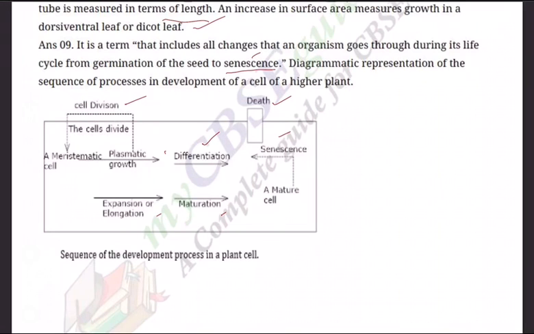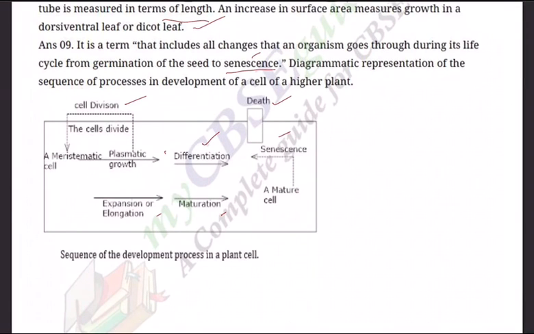And once they undergo differentiation, they are no more similar appearing. Size will change, shape will change, cytoplasm content will change, location will change, and then after having undergone differentiation, cells will again start growing, and that leads to maturity.